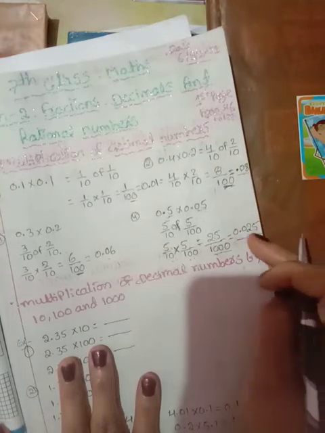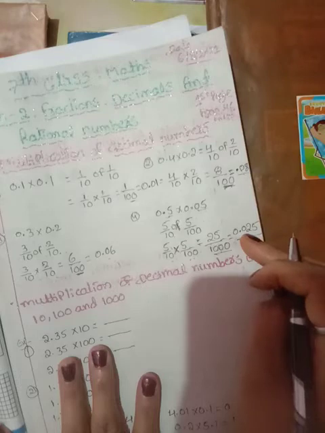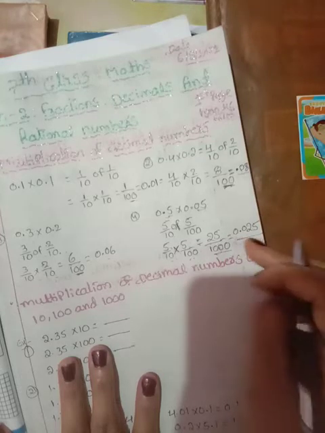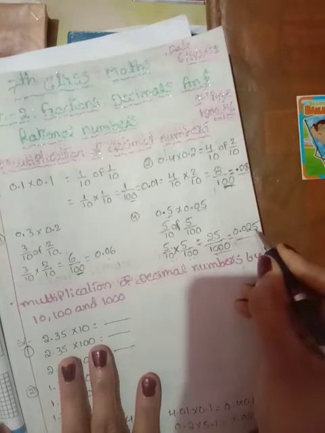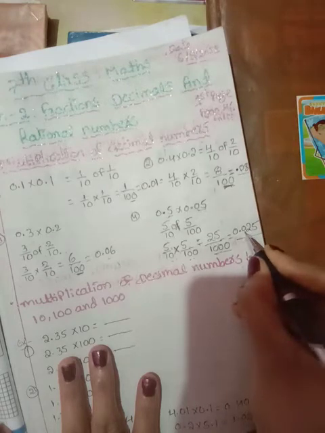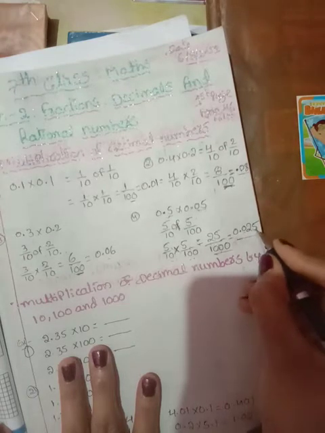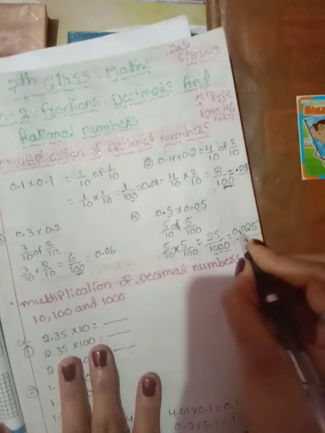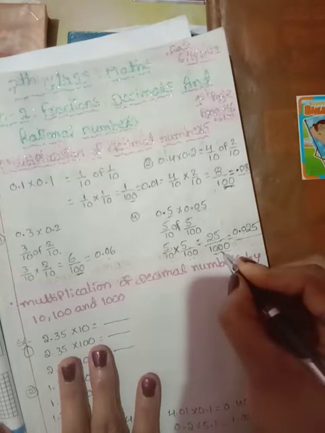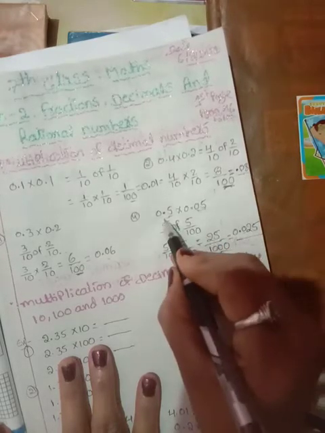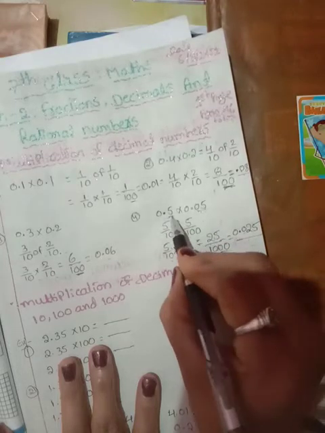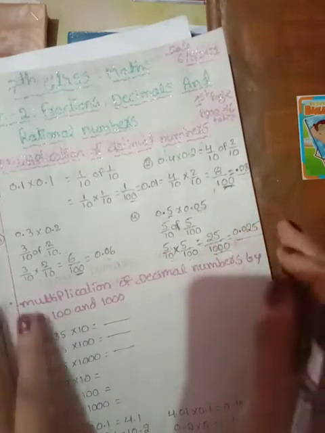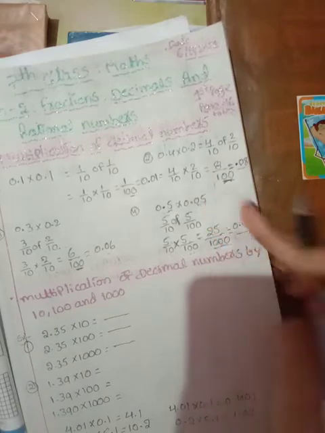By counting the places, put the decimal point after 3 digits, 1 2 3, put it here. Why? Because 1000 has 3 zeros. In this product you have 3 digits: 1 digit, and 2, and 3. So the total is 3 digits only.